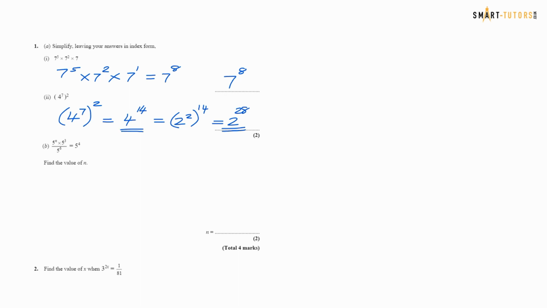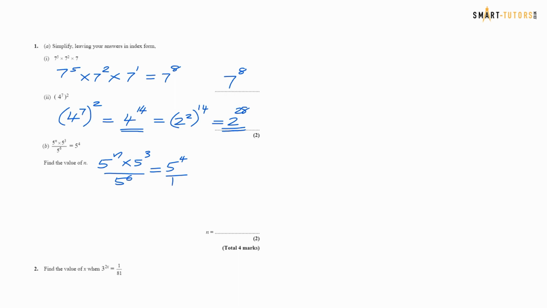Both are correct. The next question, 5 to the power n times 5 to the power 3 over 5 to the power 6 equals 5 to the power 6 over 5 to the power 4.